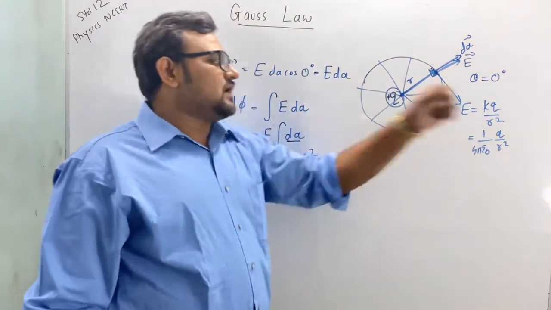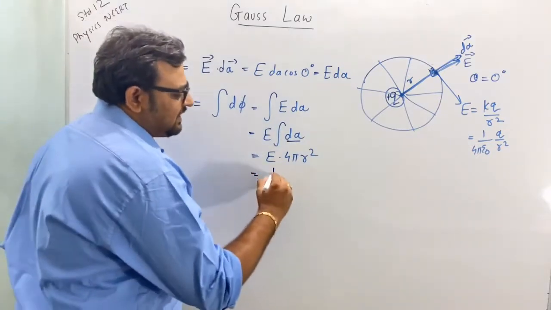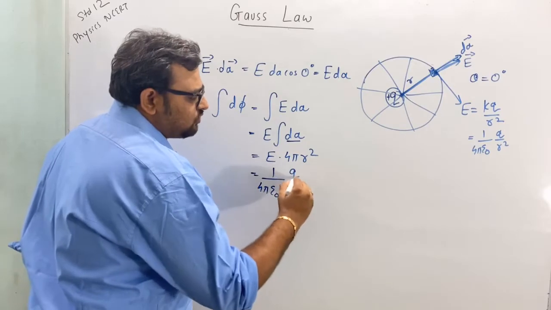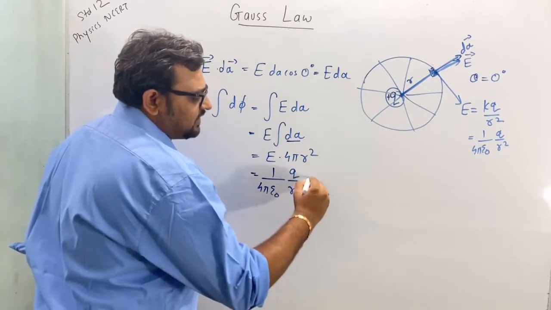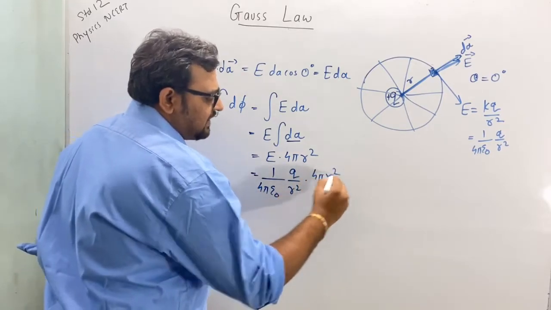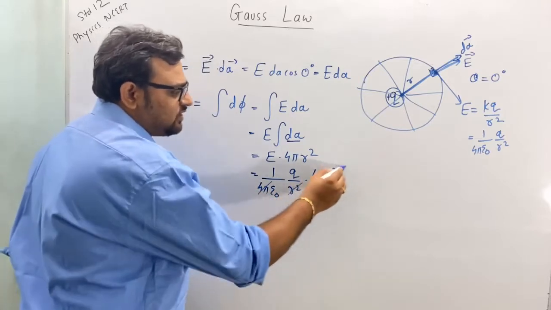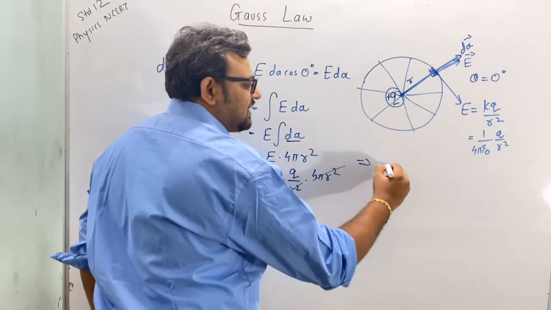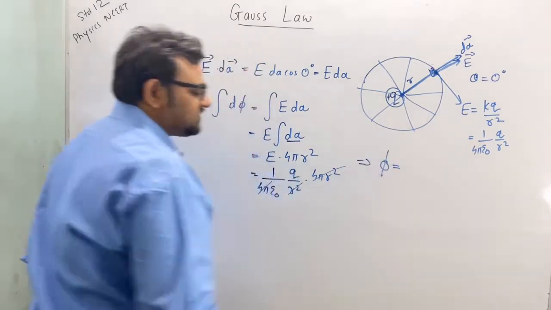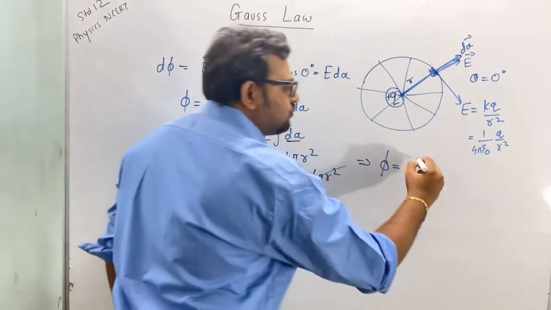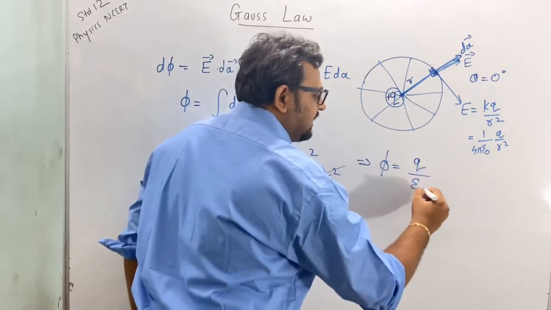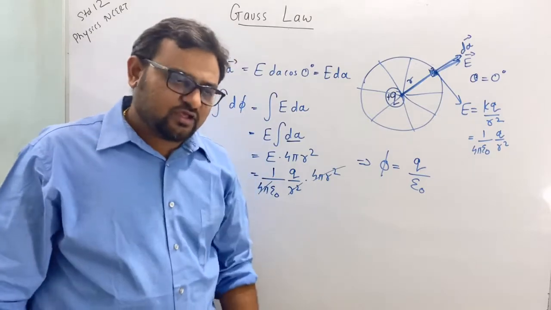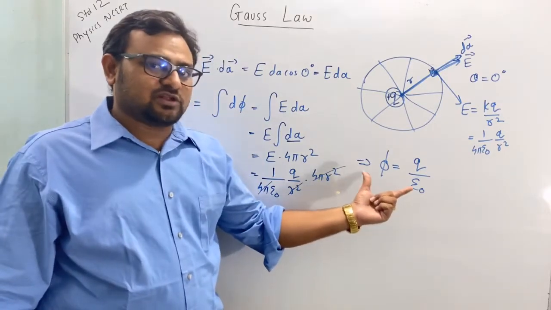So putting this value, I get 1 by 4 pi epsilon 0 q by r square into 4 pi r square. So 4 pi r square gets cancelled, and that implies flux is equal to q by epsilon 0. So this is Gauss's law.